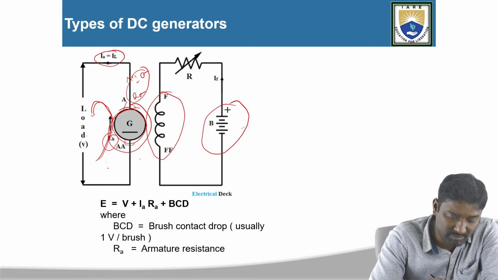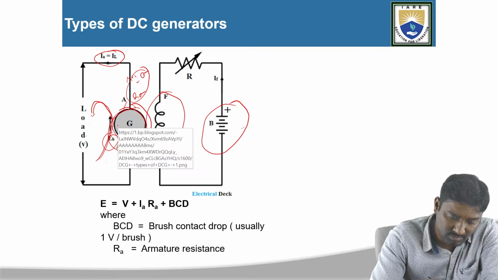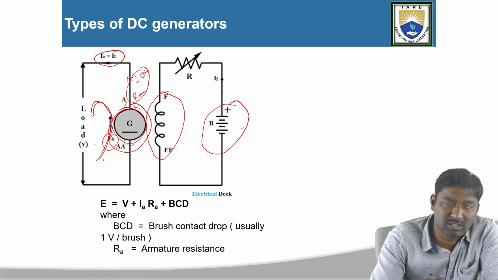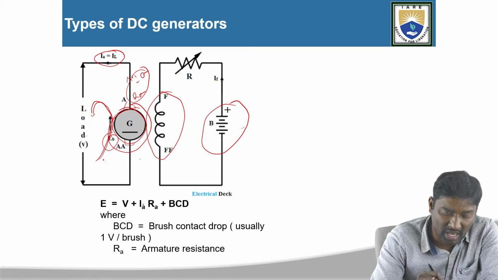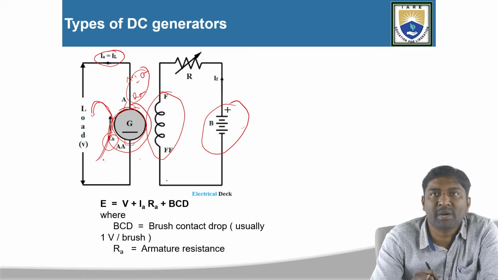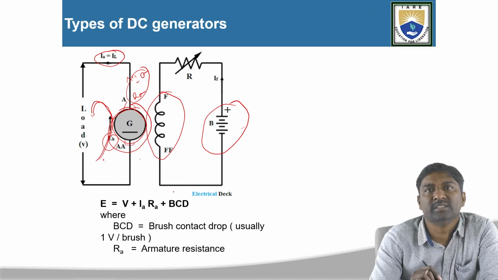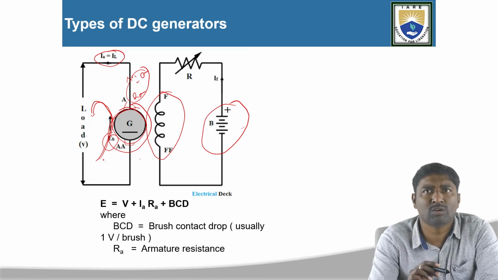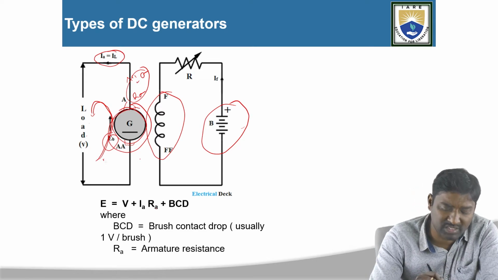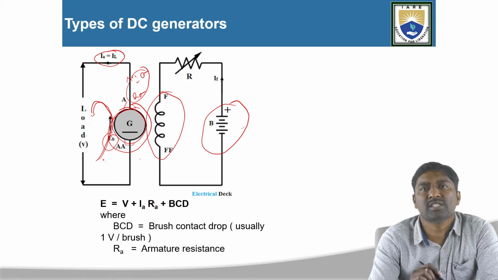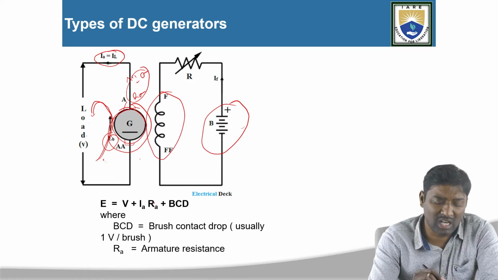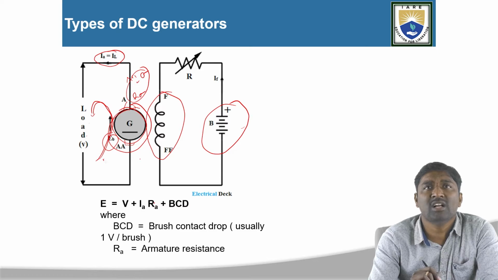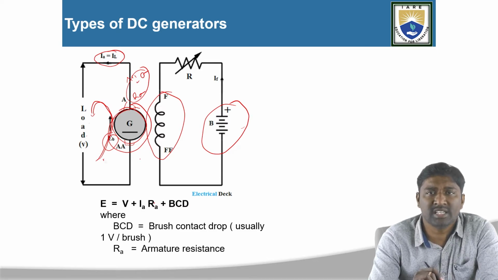Then I am getting E is equal to V plus IA into RA plus BCD, brush contact drop. This brush contact drop is usually 1 volt per brush, where R suffix A is equal to the armature resistance. So this is the voltage equation of the separately excited DC generator.